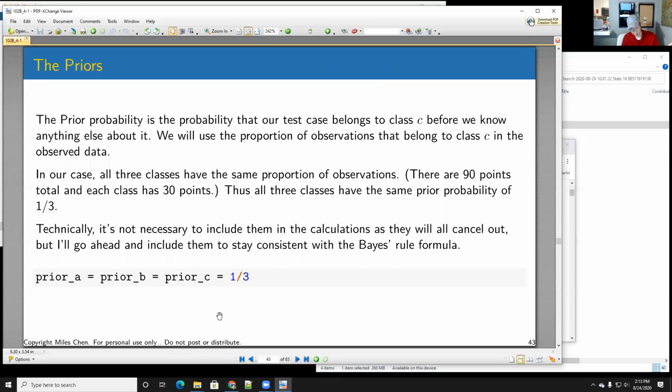But just for completeness and to stay consistent with the Bayes rule formula, I'm going to include them. I'm going to just say prior A, prior B, prior C are all equal to 1/3. But again, if you had set up your training data in a different way, where like 90% came from A, 8% came from B and 2% came from C or something like that, you'd want to set it up that way.